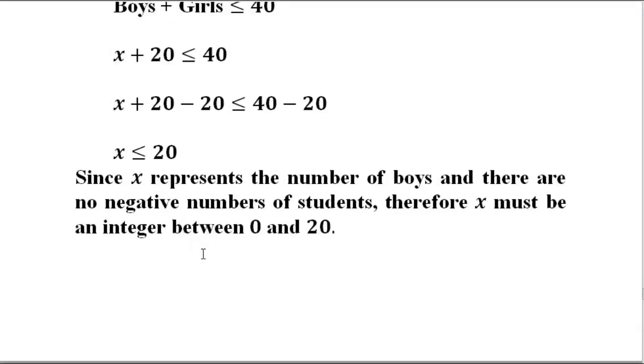Since x is less than or equal to 20, there are infinite values of x including negative values. However, in the question, the number of students is given as positive 30 to positive 40. So I will only consider positive values of x, which range from 0 to positive 20.